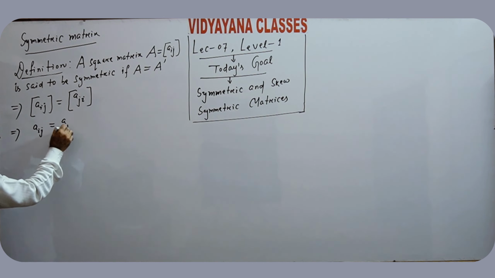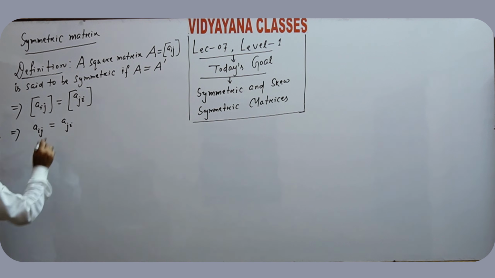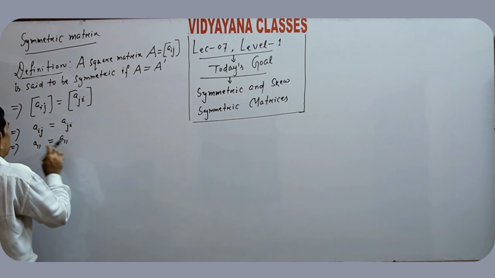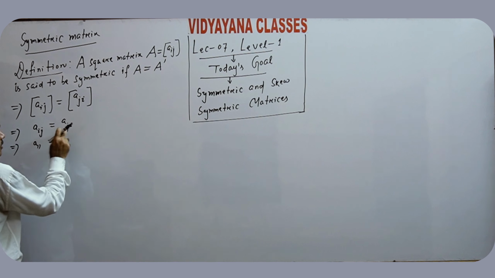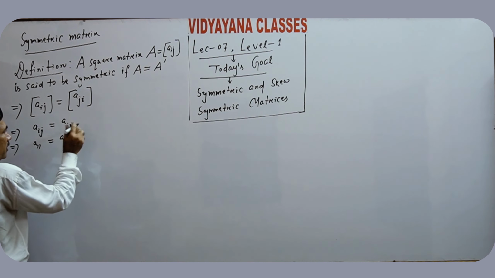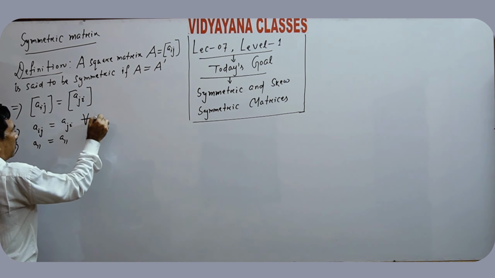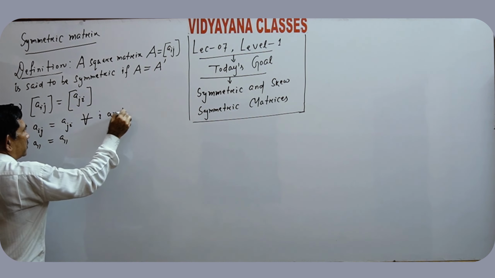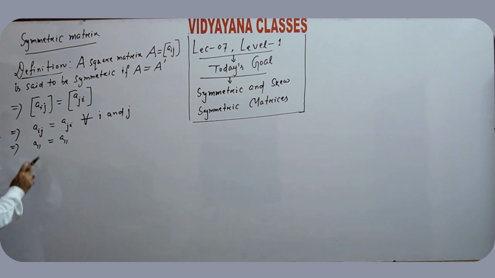Aij is equal to Aji, which implies A11 is same as A11. Aij is equal to Aji for all i and j. A11 means i is equal to 1, j is equal to 1. A12 is same as A21.